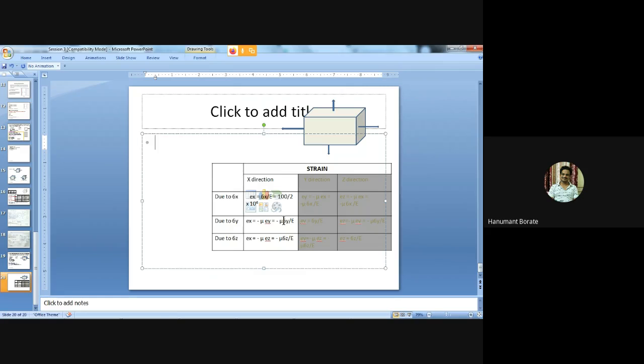We know the value of mu and sigma y. We also know the value of E. So we can put here the value of mu 0.29 into the value of sigma y, 40, divided by E, 2 into 10 raised to 6.